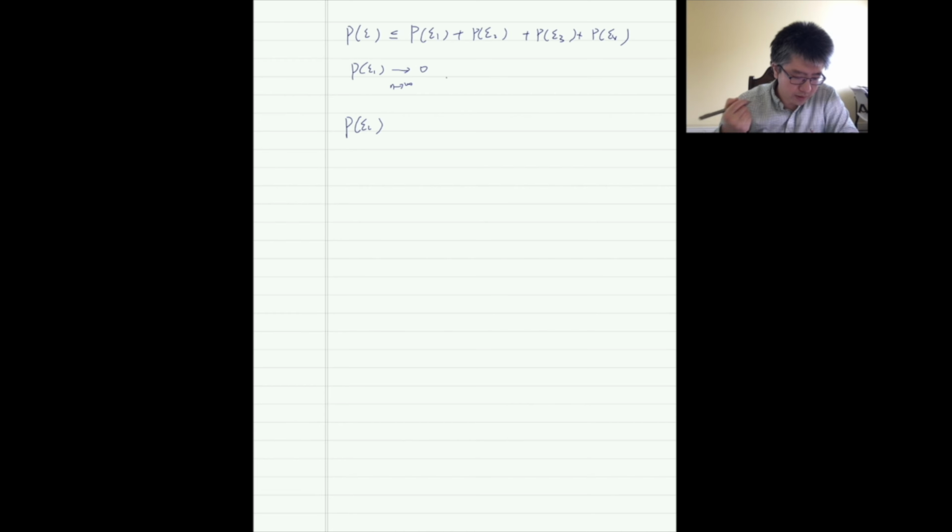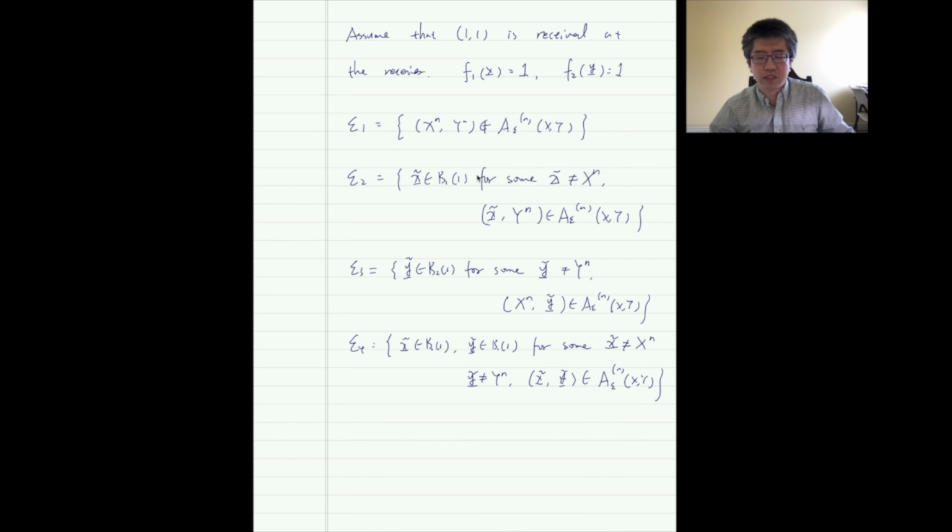So now we need to compute it. For E2, basically this is the probability of this event. Let's compute the probability of this.